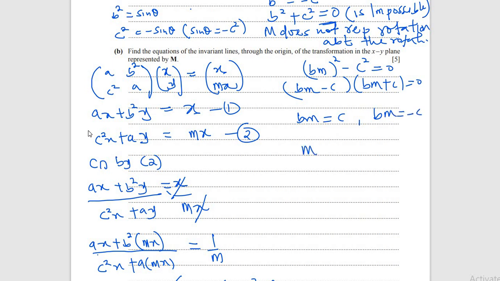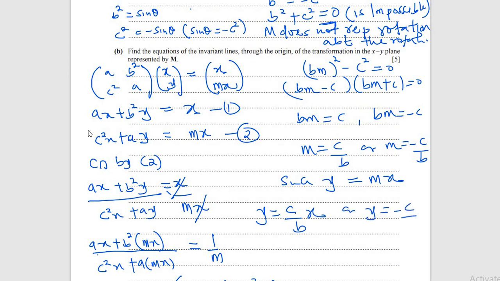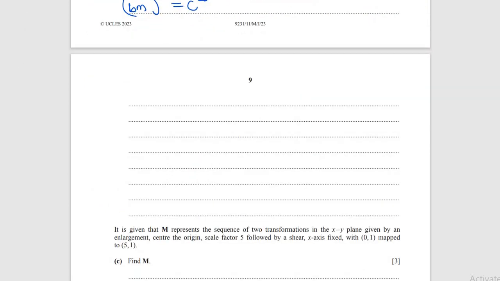So m can be c over b, or m can be minus c over b. The question asks us to find the equation of the invariant line. Since, like I said, y equal to mx for invariant lines from the origin, y can be c over b x, or y can be minus c over b x. This is the invariant line equation. That's it.